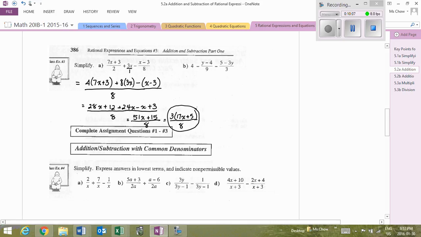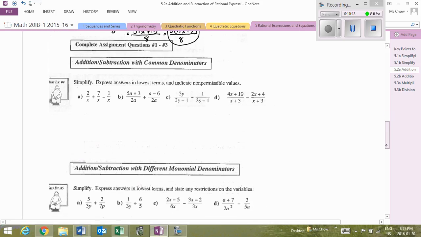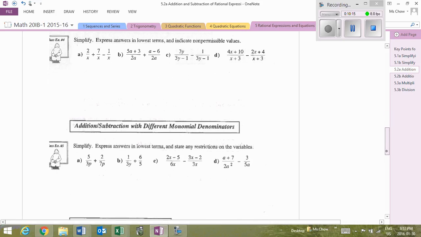Okay, so let's move on to class example number 4. Having polynomials in the denominator, but they've given them all to you as common, so you just keep the denominator and combine those numerators. So hit pause and you can go through and complete those.